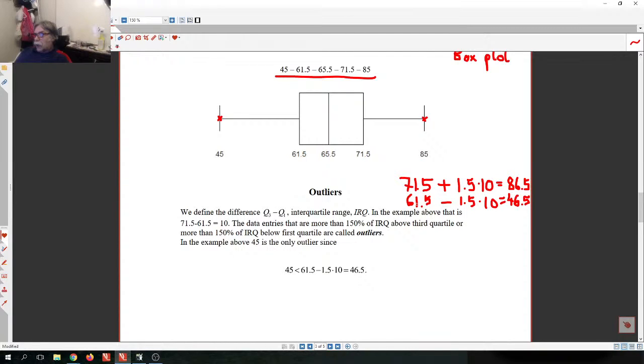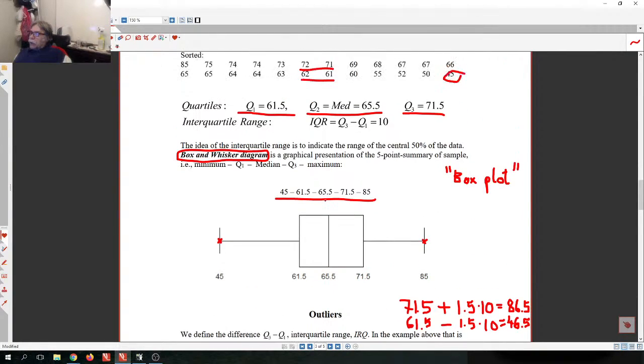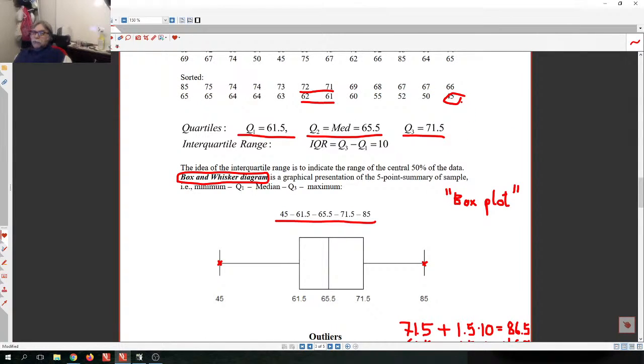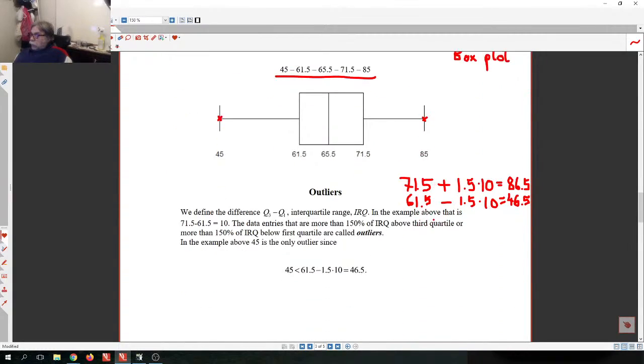If something goes beyond those two boundaries, or below in the case of the lower one, above in the case of the top one, those pieces of data are outliers. So there is only one outlier in the whole sample here, and that's 45. 85 isn't an outlier in our definition of outlier. So you need to remember that.